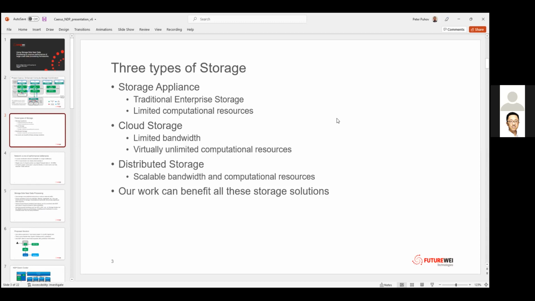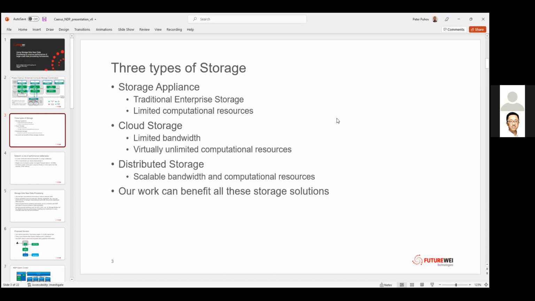Another storage type is cloud storage. Cloud storage has another property. It typically has very limited bandwidth because the input and output is going over the Ethernet. However, it has, again, virtually unlimited computational resources because the back end of the cloud can be very big.